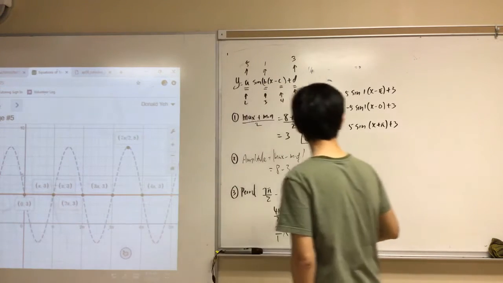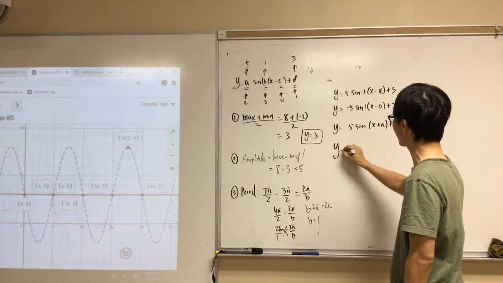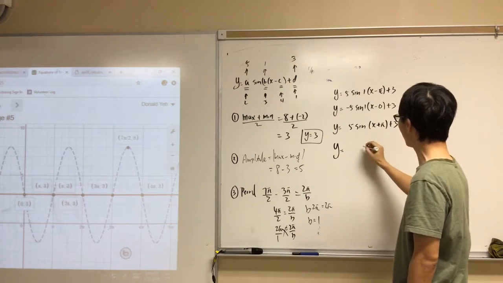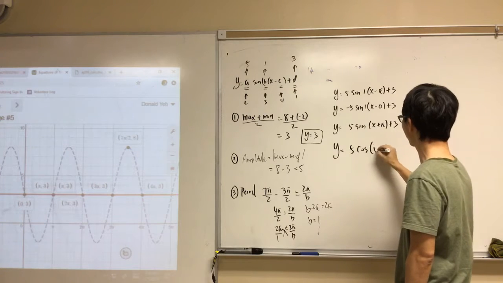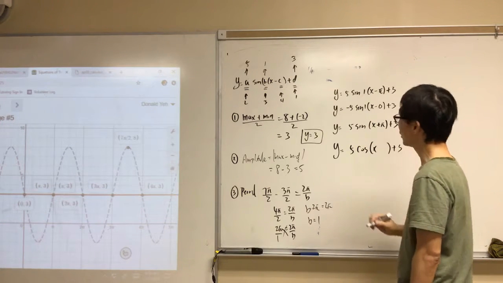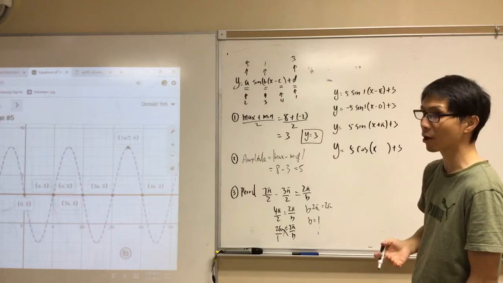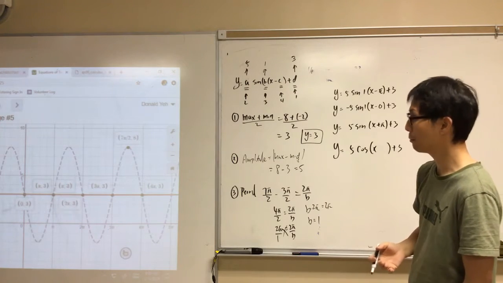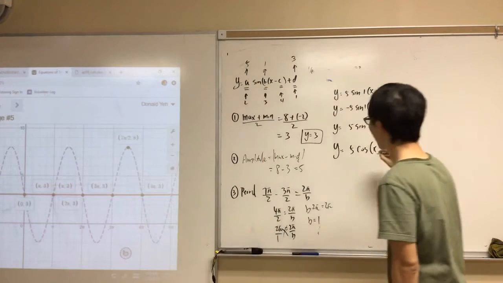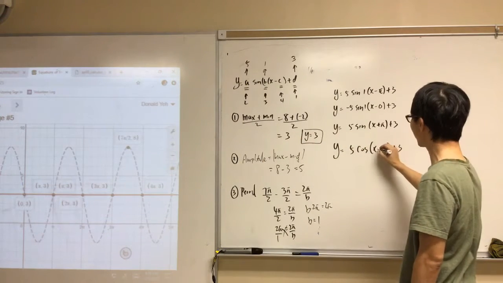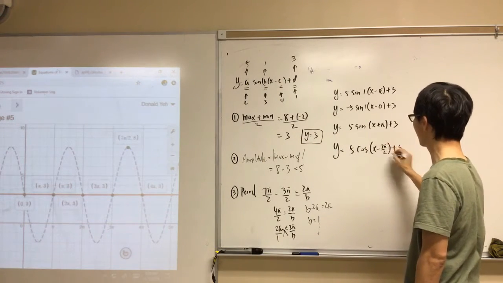If I were to talk about cosine, y is equal to 5 cosine of x plus 3, but cosine has to start where? Maximum or minimum? Max, so I'm going to use this one, 7 pi over 2. It's moving right 7 pi over 2.